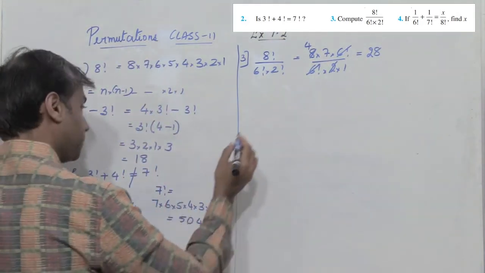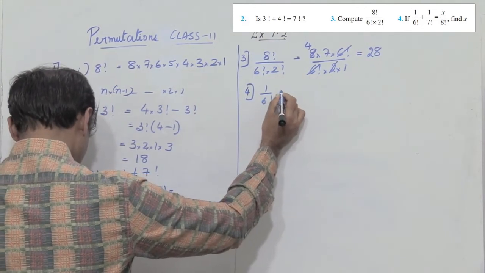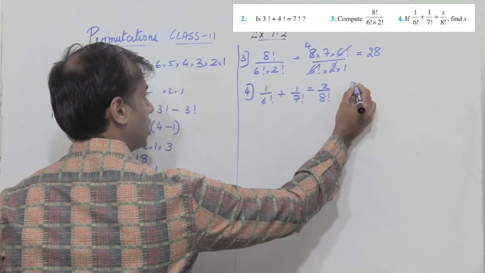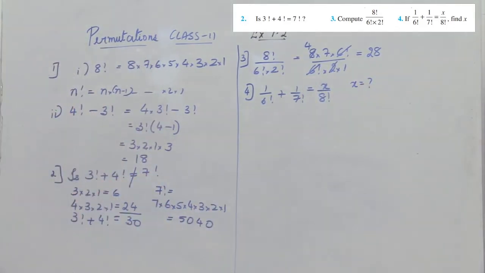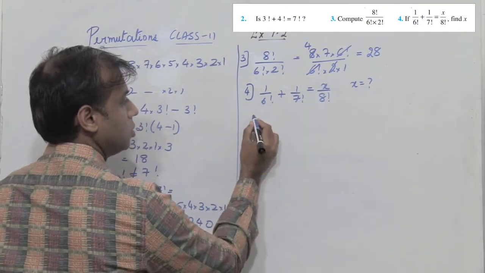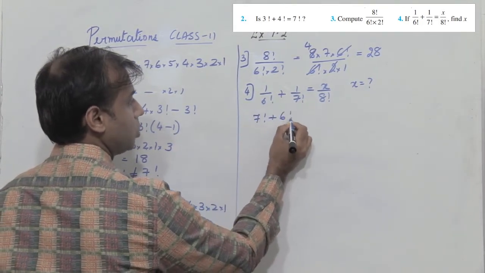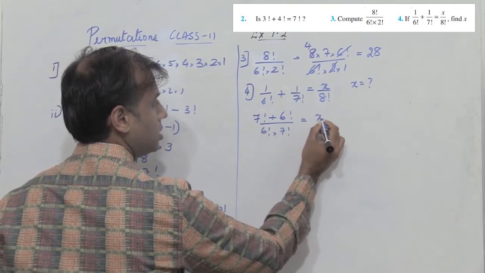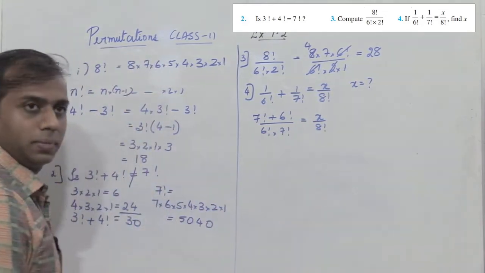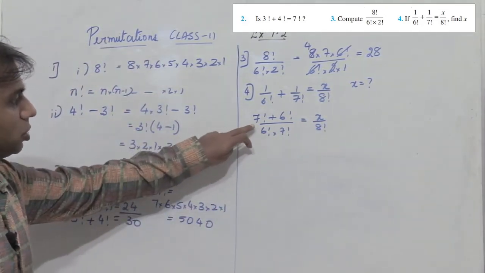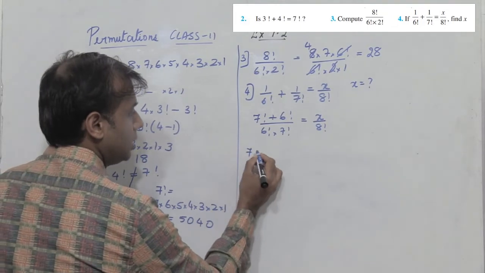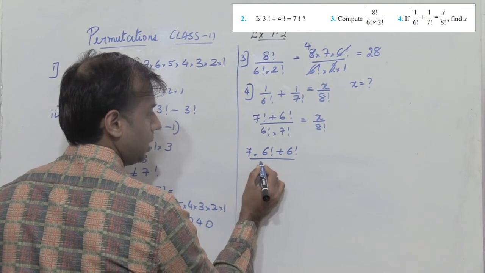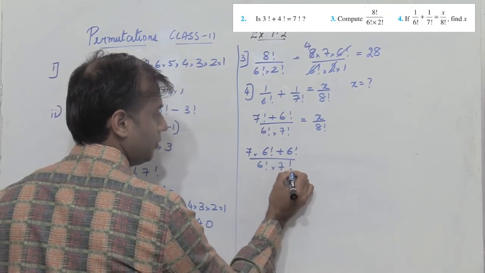Next, fourth one. 1 by 6 factorial plus 1 by 7 factorial equals x by 8 factorial. So we need to find the value of x. So take the LCM here. So you get 7 factorial plus 6 factorial divided by 6 factorial into 7 factorial equals x by 8 factorial. So again here 7 factorial can be written as 7 into 6 factorial plus 6 factorial divided by 6 factorial into 7 factorial.